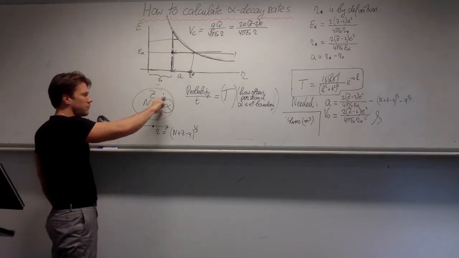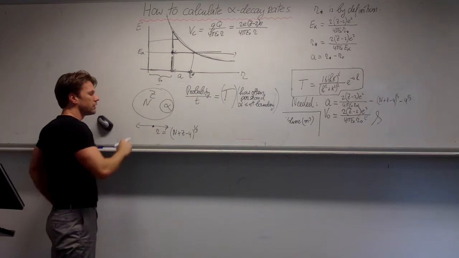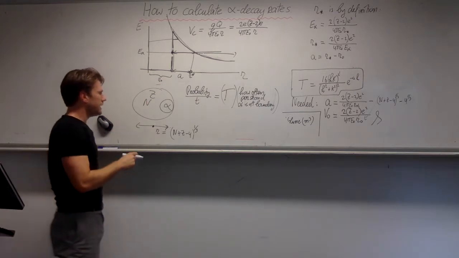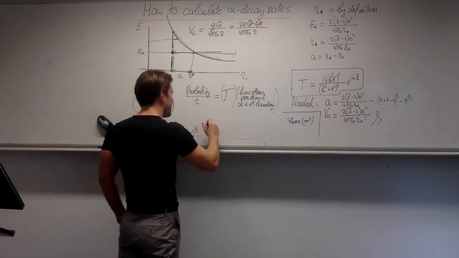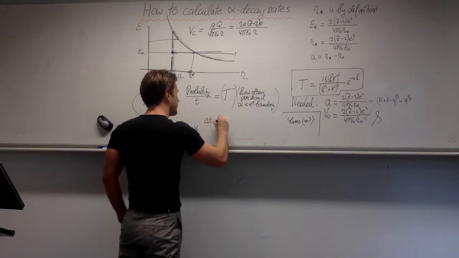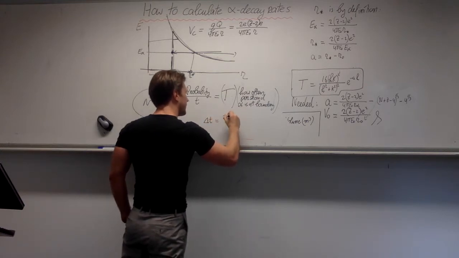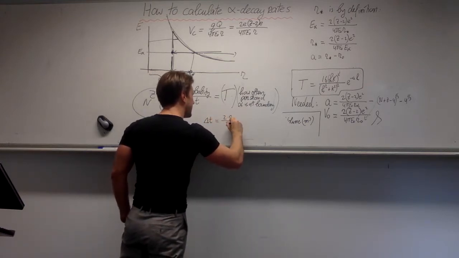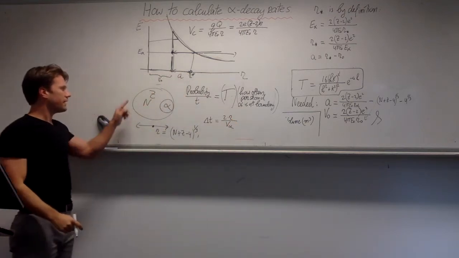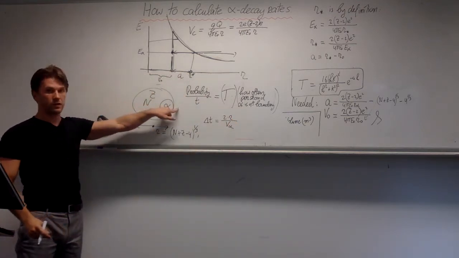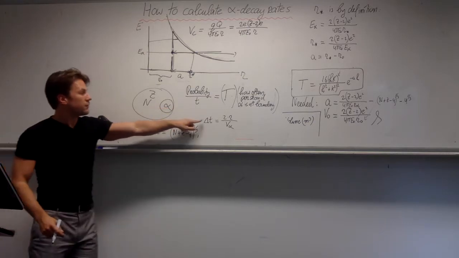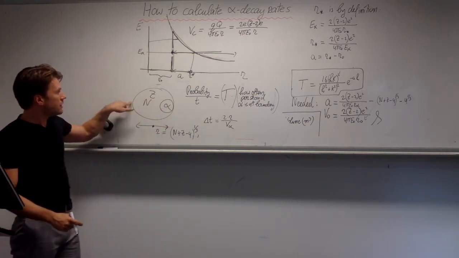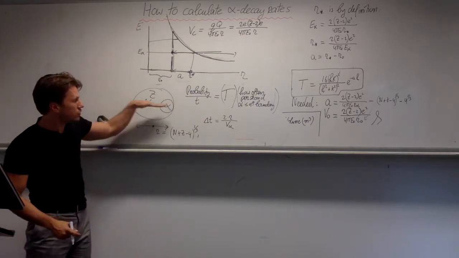If this were an actual alpha particle flying from one side to the other, then it will take the alpha particle an amount of time delta t, 2 times r divided by its velocity, to find itself flying from one side to the other side. This is the amount of time that it takes the alpha particle to start here and find itself over there, to cross the whole nucleus.